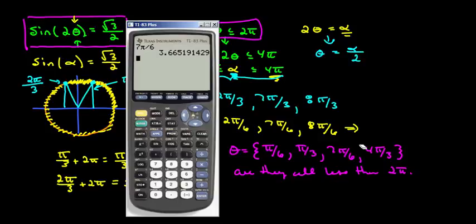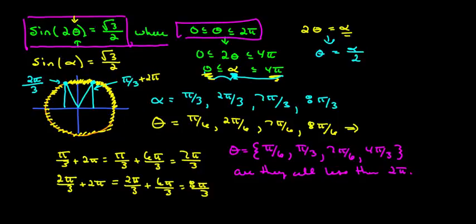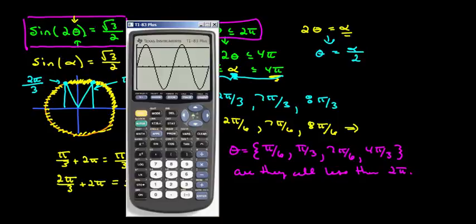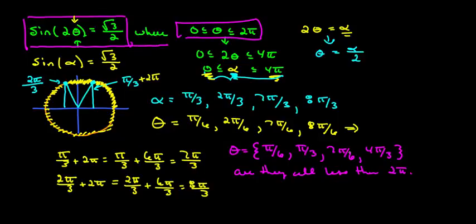So that right there was this angle. So this guy right here is this angle right here. This first one is pi over 6. The second one is pi over 3. 7 pi over 6. 4 pi over 3. Okay, that's one way of looking at it.